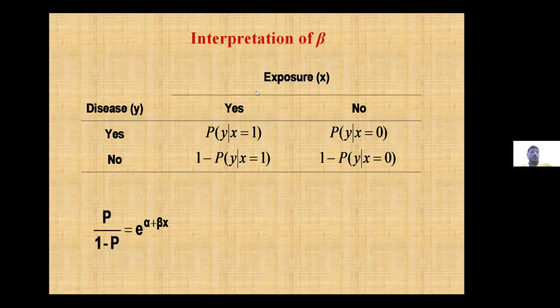Exposure means who are exposed to society and getting an infection, yes or no. This is the conditional probability of Y given X is equal to 1. This is the probability of Y given X is equal to 0. This is 1 minus the probability of Y given X is equal to 1, and 1 minus the probability of Y given X is equal to 0. So P upon 1 minus P is equal to e to the power alpha plus beta X.